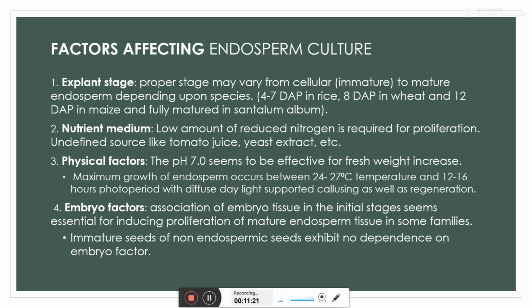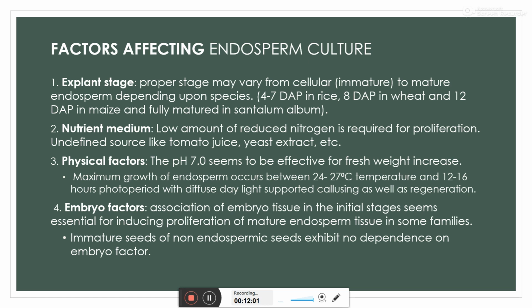In case of temperature, maximum growth of endosperm occurs between 24 to 27 degrees Celsius, with a 12 to 16 hour photoperiod, and it requires light for embryogenesis and differentiation. It requires a photoperiod of 12 to 16 hours with diffused daylight. This will support the callus as well as regeneration. So these are all the important things that come under physical factors.